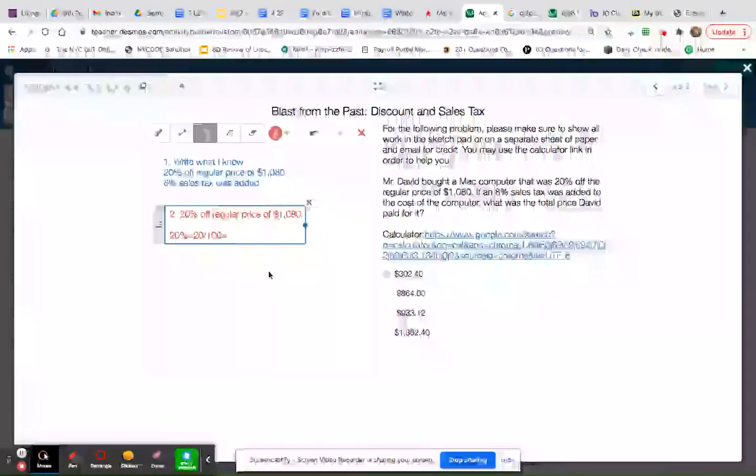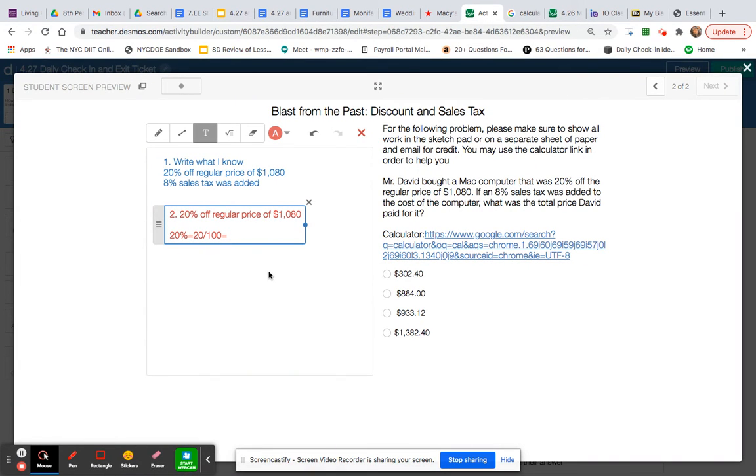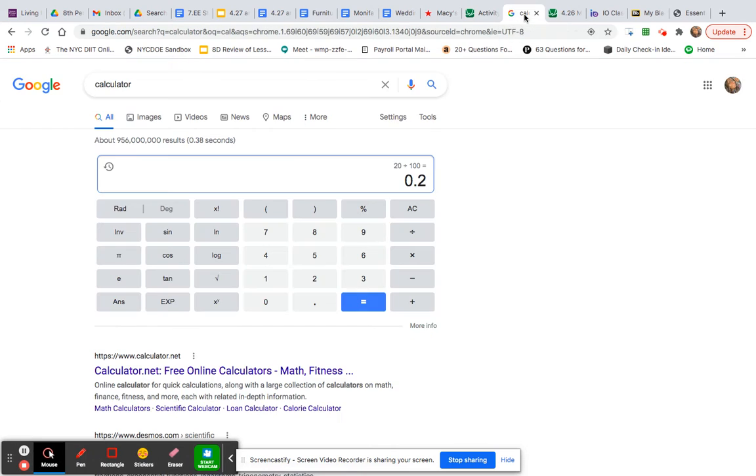So the decimal equivalent to 20% is 0.20. So what you would do is first find out what 20% of 1,080 is. To do that, you just take 1,080 and multiply that by 0.20. Because first you need to find the percent of that number before you could take it off.